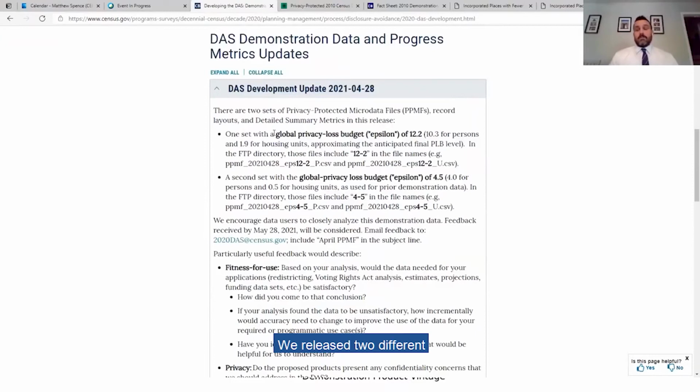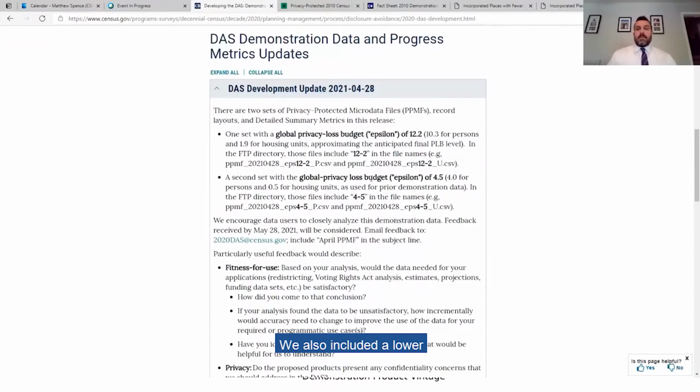We released two different versions of the data and the summary metrics this time. One at global epsilon of 12.2, which, as Michael was saying, is much more likely to be close to the level that is actually released for the redistricting data in August and September.